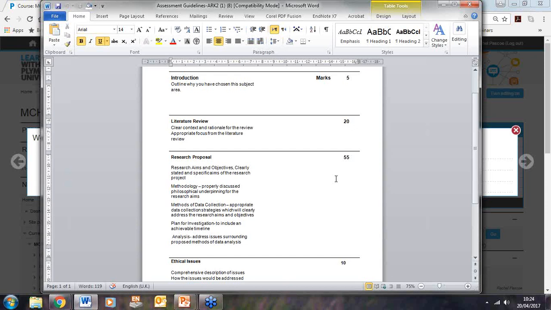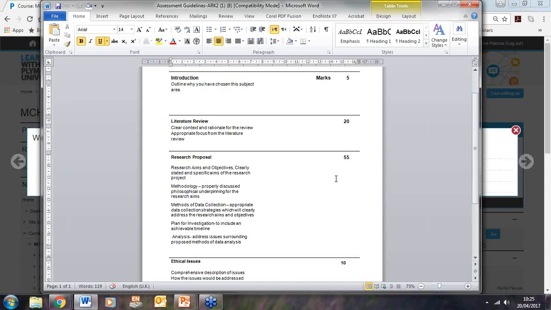So if you set out a specific research aim that outlines a specific method of inquiry, then the next bit follows on. So your methodology then underpins it, and you can be clearly focused on it. Then your method of data collection, or methods of data collection, and what information you've chosen to collect, is very clearly outlined.